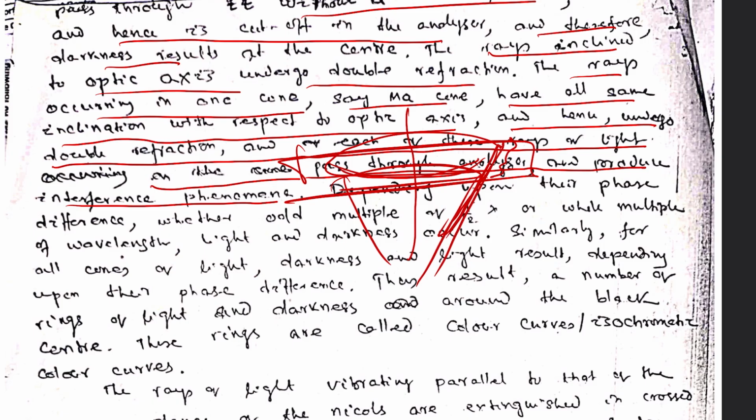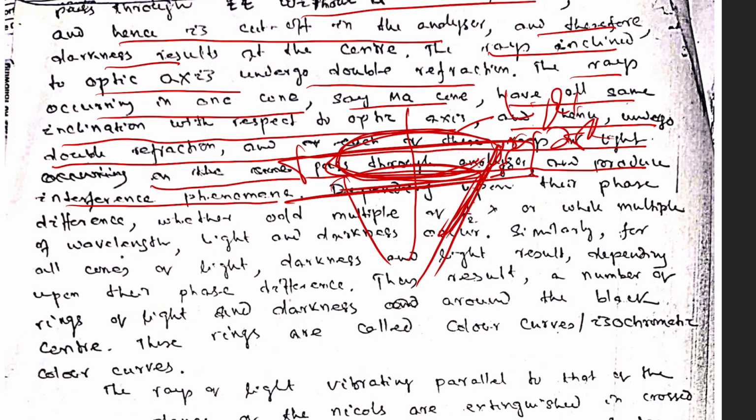And depending upon their path difference, whether the path difference is n lambda or (2n+1)/2 lambda, according to that, the color of the ring will be controlled. It will be a light ring or a dark ring.